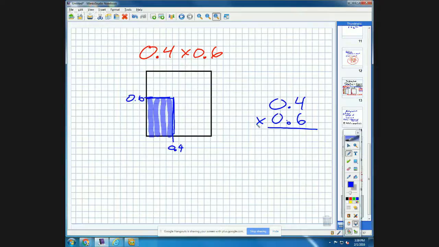All right, so 4 times 6 is definitely 24. We do have a 4 by 6 region here, so there's 24 of something going on in this picture. Yeah, and we know a whole, that's one whole going that way, is a 10 by 10 region. And so the decimal point naturally has to go right there.